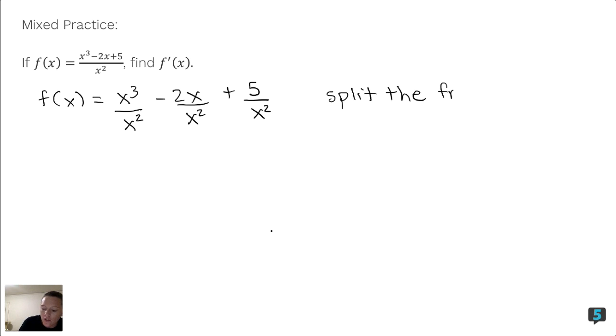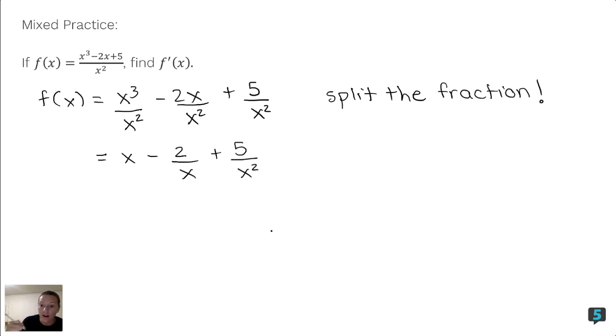Now, each of these terms is going to simplify, and I'm going to find that I actually just have three quick power rules here. So if I simplify this, this would give me x minus 2 over x plus 5 over x squared.